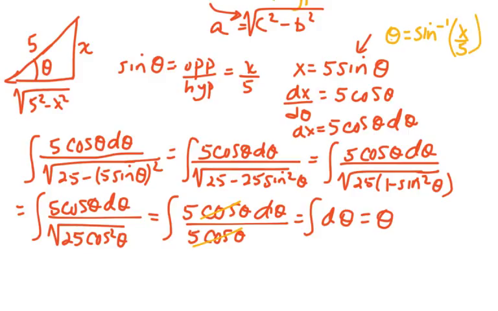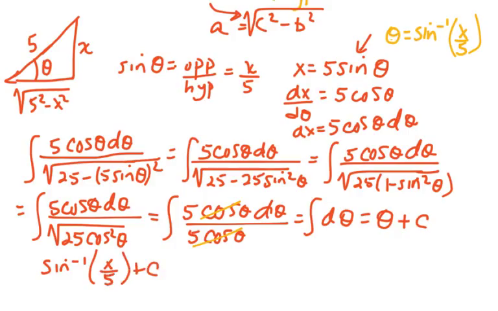So I have this answer in terms of x, which is what the original integral was. The answer would be sine inverse of x over 5 plus a constant.